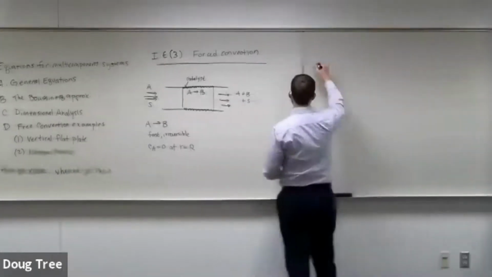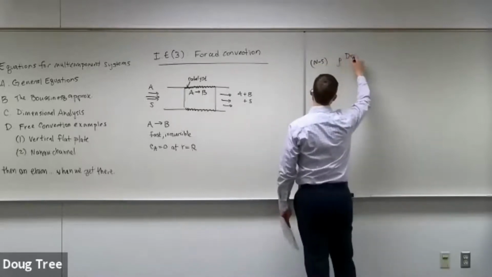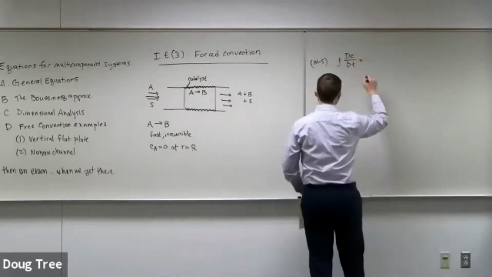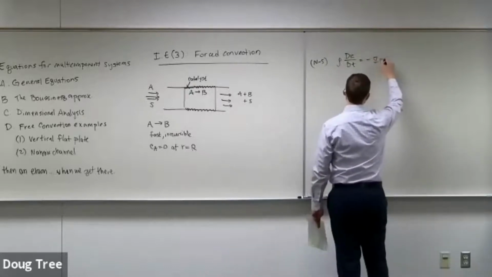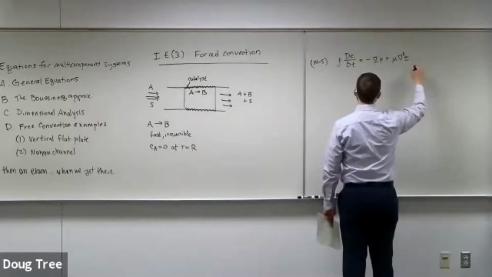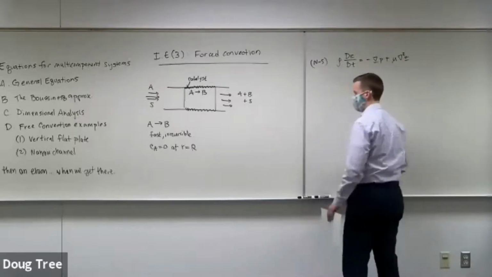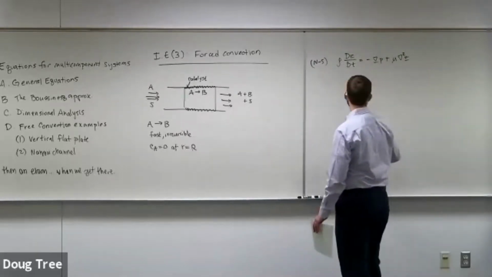So the Navier-Stokes equation is rho DV/Dt is equal to minus grad P plus mu grad squared V. Am I missing anything? We don't have any gravity here, it's flat.